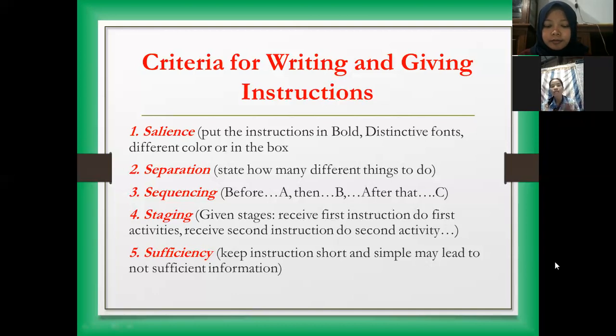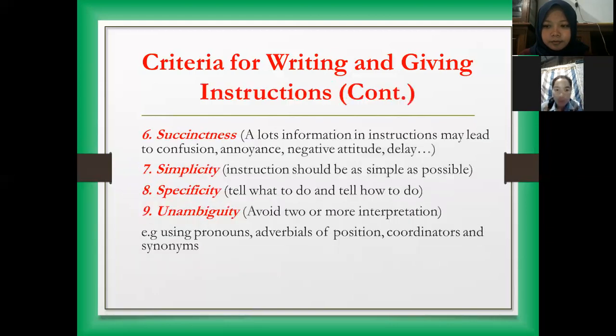After students finish, they go to stage B. So the teacher gives another instruction besides A. And fifth, sufficiency. Then keep the instruction short and simple as much as he or she can, because otherwise it may lead to missing sufficient information. Then let's move on.